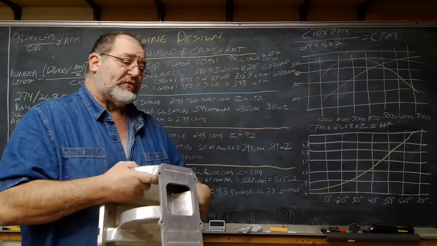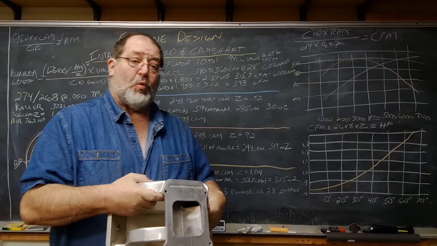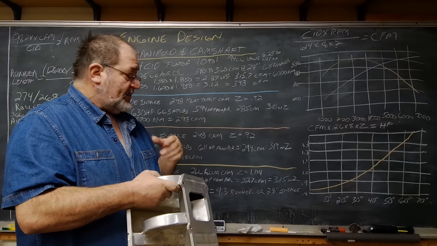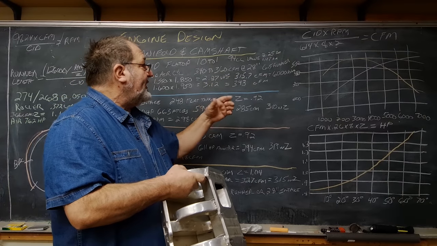Now, you don't necessarily want that either. You technically want, in a perfect world, to flow what the head flows and then the runner length that you need to make it work. And so this still isn't perfect. But what happens with too much cross-sectional area in the intake?